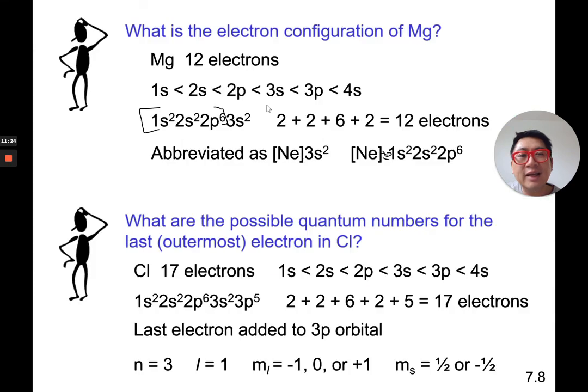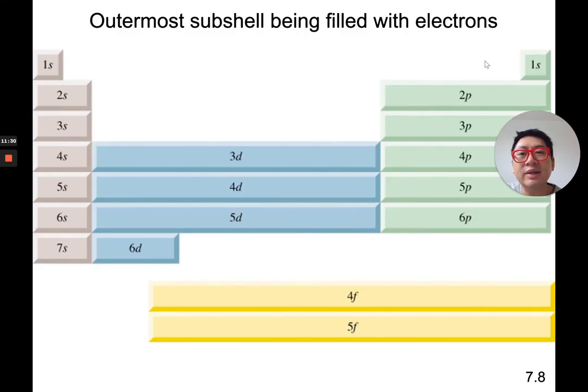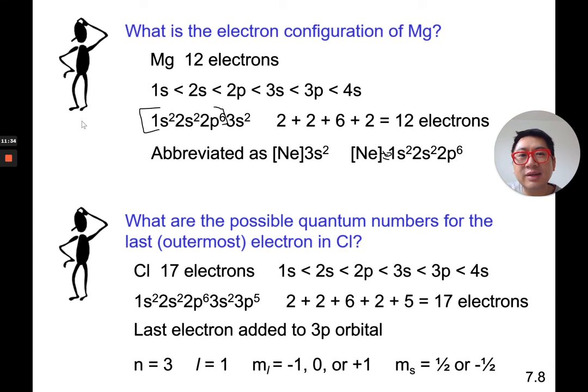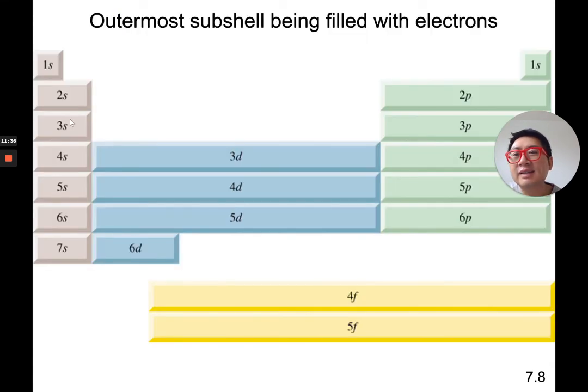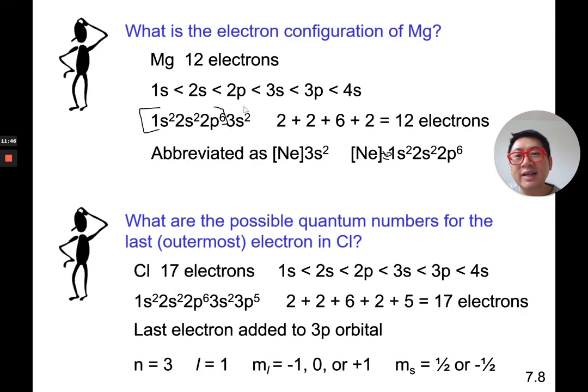Let's look at that last magnesium example here. Magnesium has 12 electrons. Where's magnesium on a periodic table? Okay, it's right here. So it's the second one in 3s. That's why it ends in 3s2. What's before 3s2?